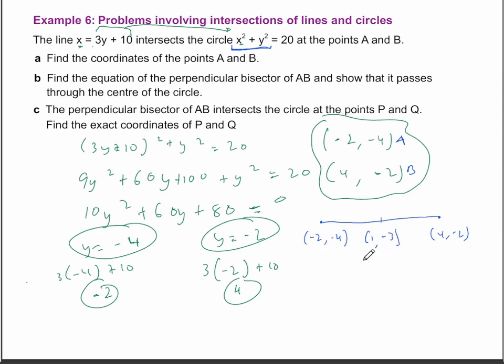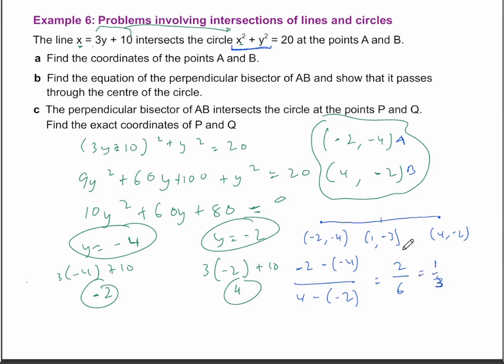And the gradient of the perpendicular line is going to be m1 m2, using the gradient of the line AB. And the gradient of the line AB is going to be negative 2 minus negative 4 over 4 minus negative 2, which is equal to positive 2 over 6, which is just 1 over 3.